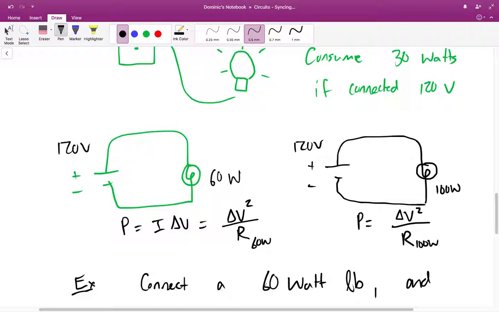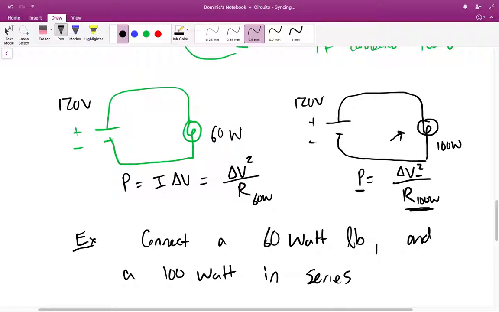Which one is going to have the greatest amount of power in this case? It's the 100-watt light bulb, right? It's going to consume 100 watts, which is greater than 60. If this one has a greater amount of power, that must mean, since delta V is the same for both, that the resistance of a 100-watt light bulb is less than the resistance of a 60-watt light bulb.